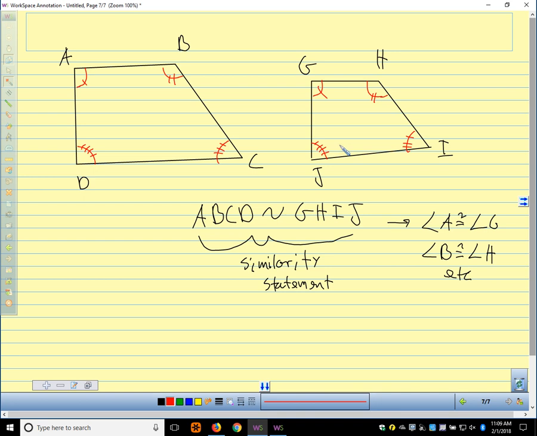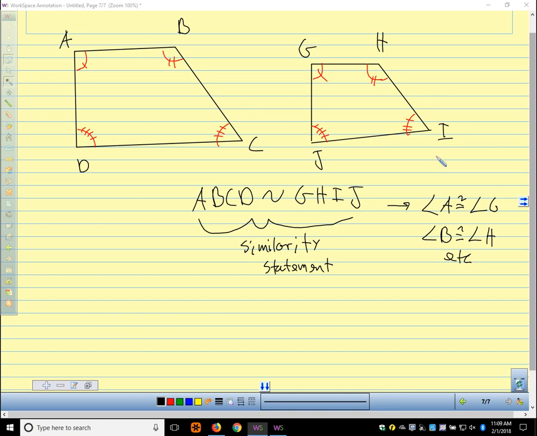We also know that if polygons are similar, the corresponding sides are proportional. What that means is that the ratio of the lengths of AB to GH is the same as the ratio of BC to HI.